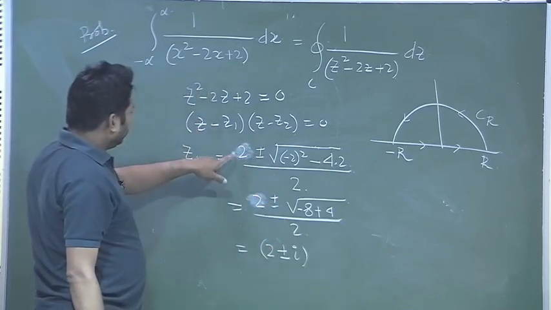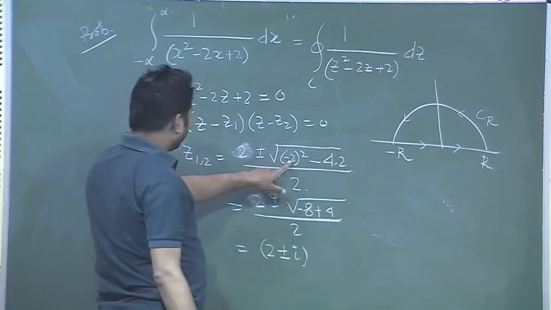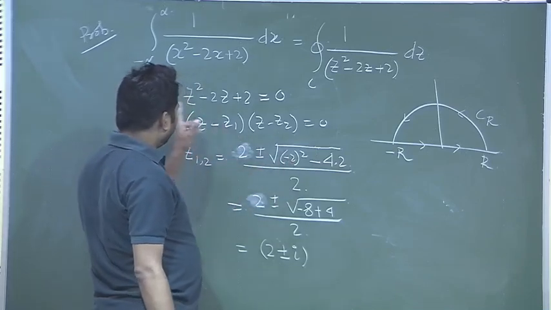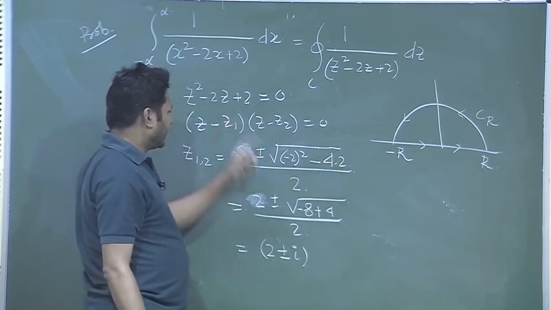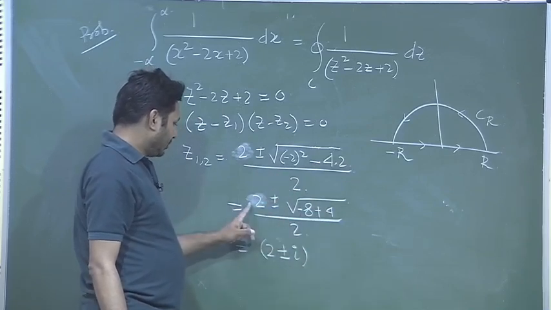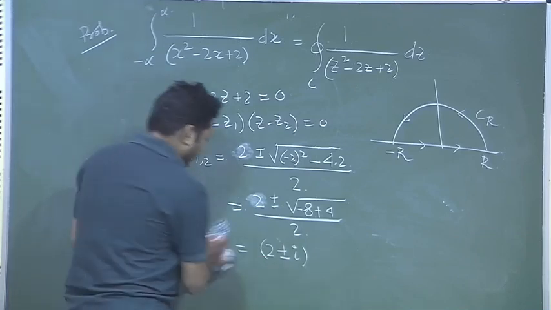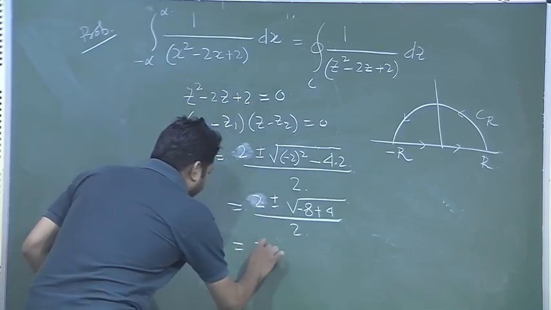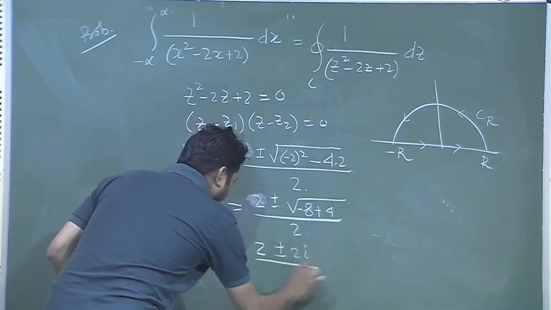So minus b plus minus root of b square, which is minus 2 square, minus 4 into A into C, 1 and 2. So it is 4 minus 8, which is minus 4. This will come out as 2 plus minus 2i divided by 2.